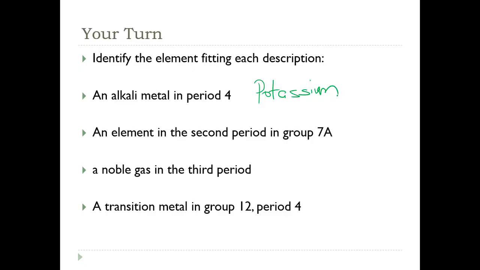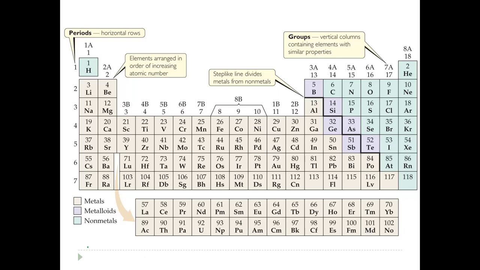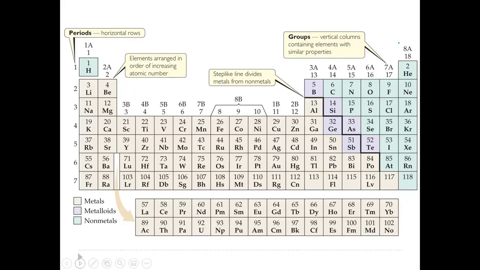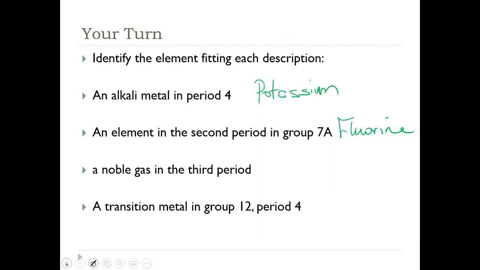Then an element in the second period in group 7A, that would be F, which is fluorine. A noble gas in the third period, so that's group 8A or group 18, that would be argon.